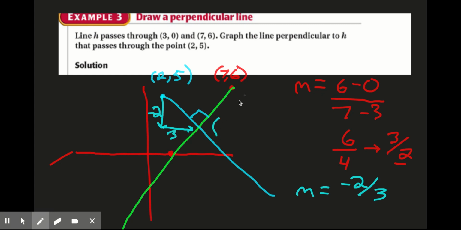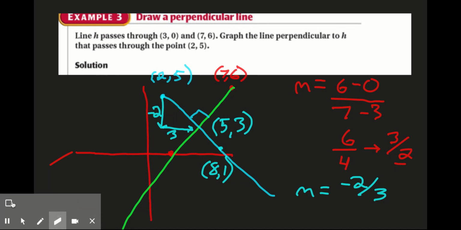So what's down 2 from 5? It's 3. What's over 3 from 2? It's 5. And I could keep going, right? Go down 2 over 3. That's 8, 1. And I could follow that process and sort of graph the line. So that's how we can use our understanding of parallel and perpendicular slopes to solve problems.